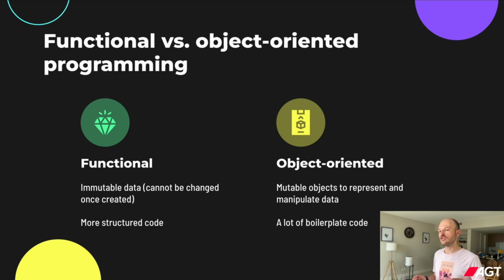This can make functional code easier to read, as there are no side effects or unexpected changes to data. In contrast, object-oriented programming relies on mutable objects to represent and manipulate data. This allows for more flexible and expressive code, but can also introduce complexity and the potential for bugs if not handled carefully.